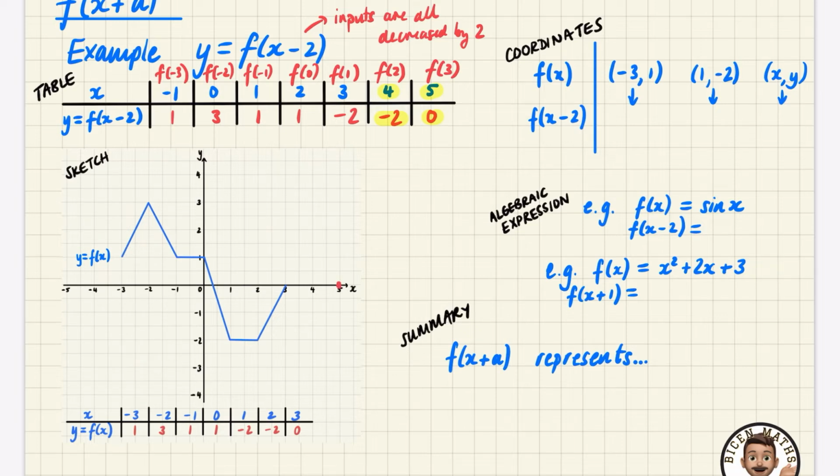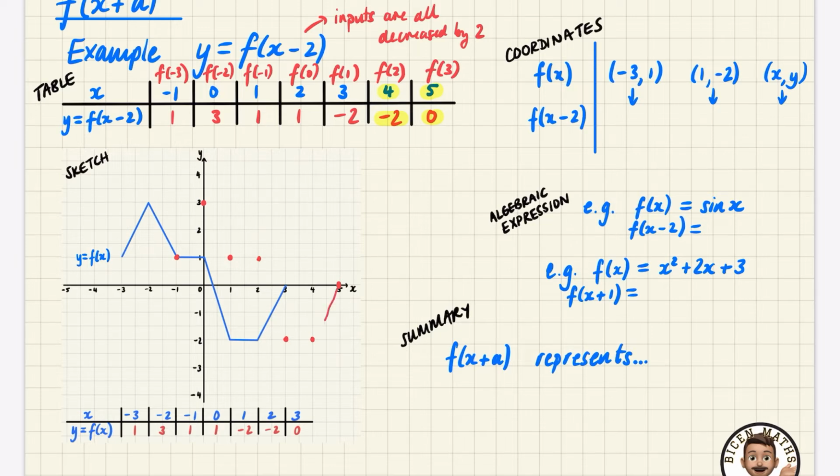The 4 plots with a minus 2. The 3 plots with a minus 2. The 2 plots with a 1. The 1 plots with a 1. The 0 plots with a 3. And the minus 1 plots with a 1. It doesn't matter if you can't fill in the whole graph, we're just going to do the ones of the information that we've got here.